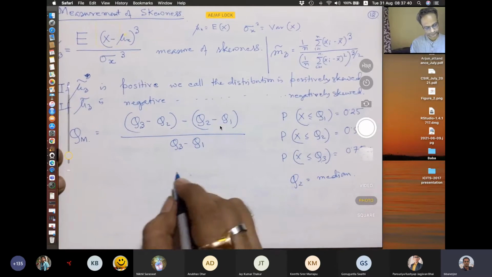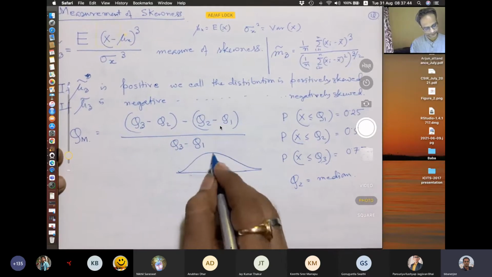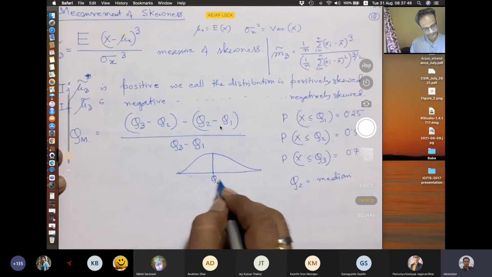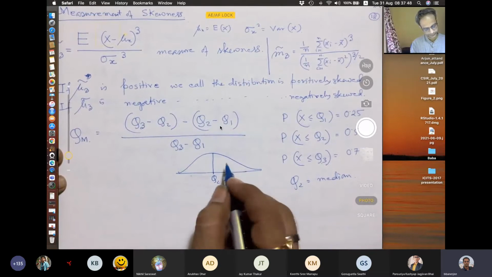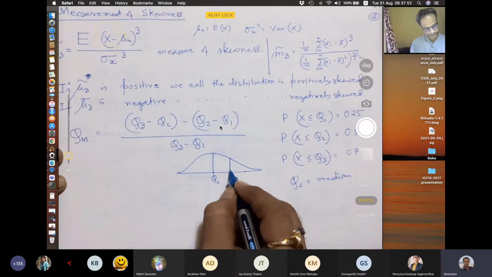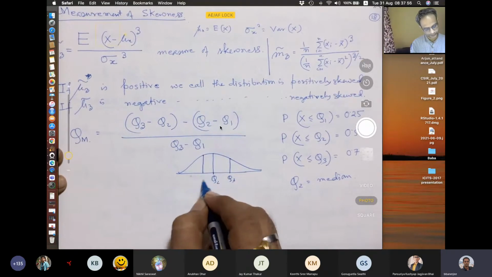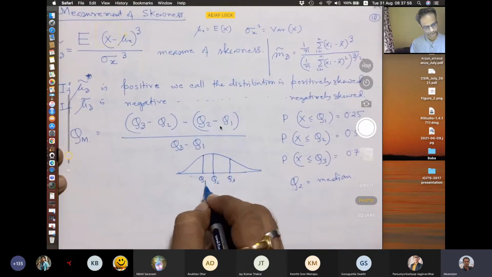Now if you have any distribution, here is Q2, here is Q3, here is Q1.